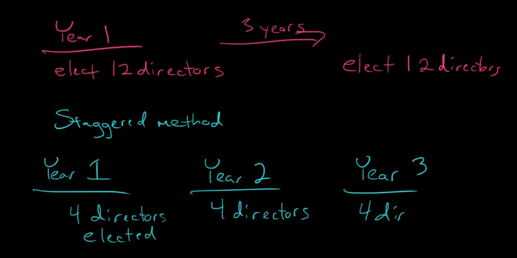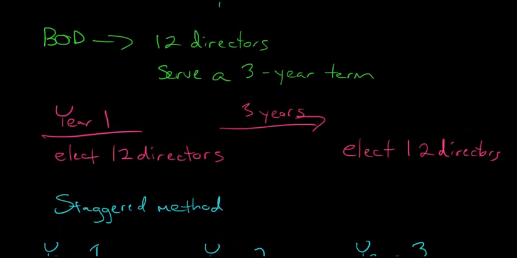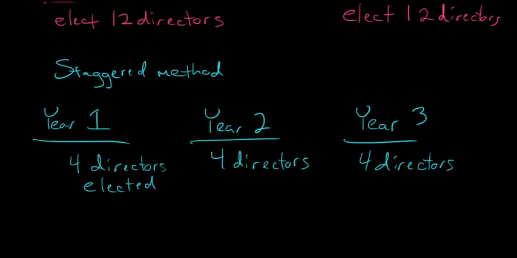So what's happening is we still have 12 directors on our board, and they're still serving a 3-year term. None of that has changed. But instead of holding all the elections in one year, four people will be elected in year 1, and they'll start serving their term and finish 3 years later.